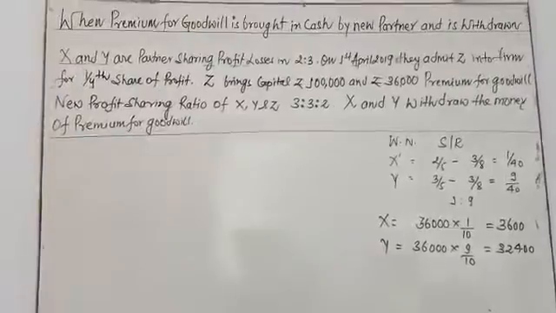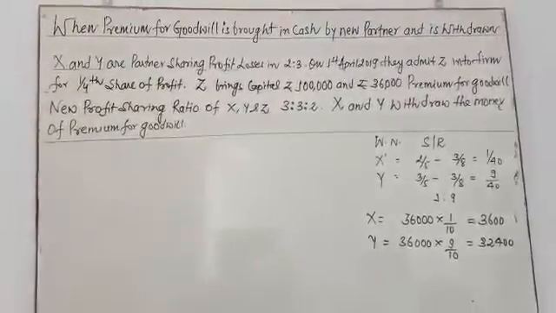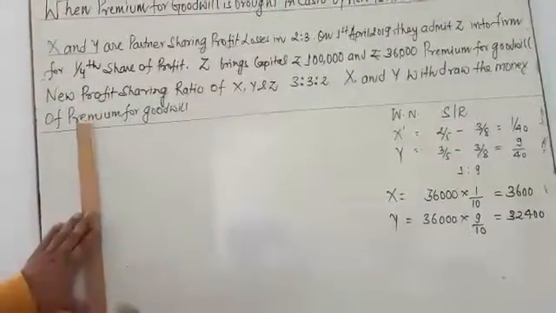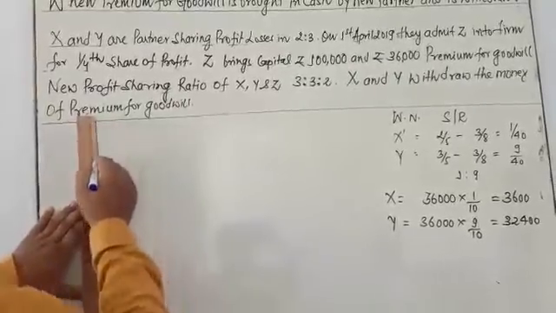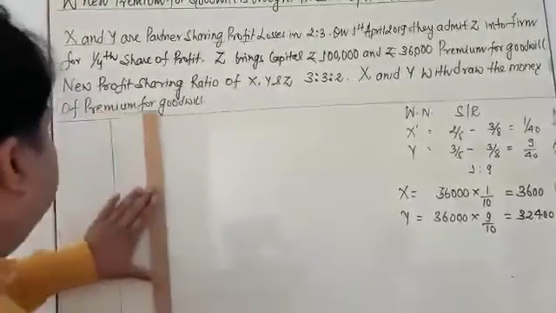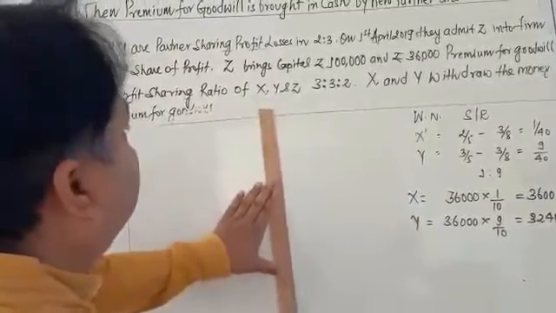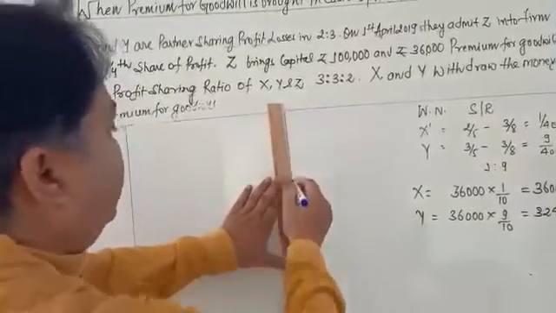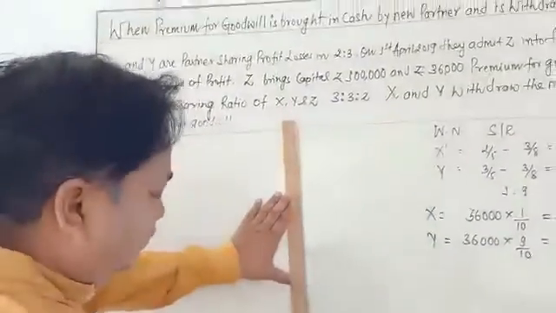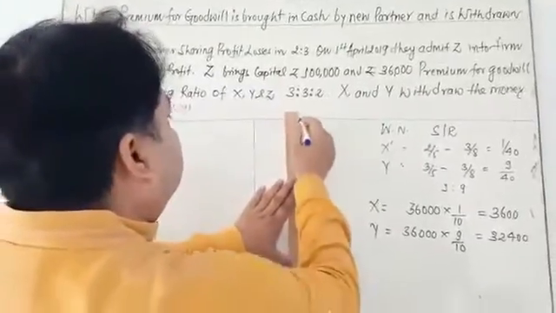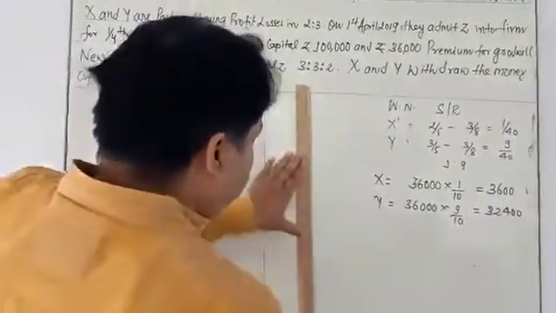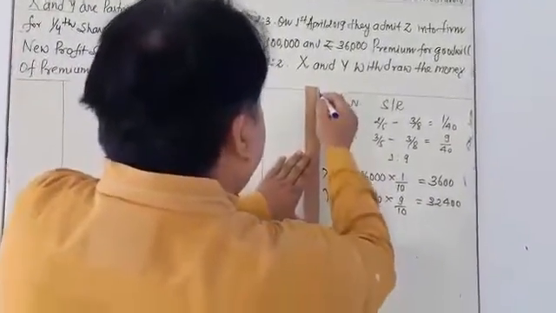First you have to draw the format of the journal. Every time you have to use a ruler for drawing the format. Put it here: date, particulars, debit, credit.